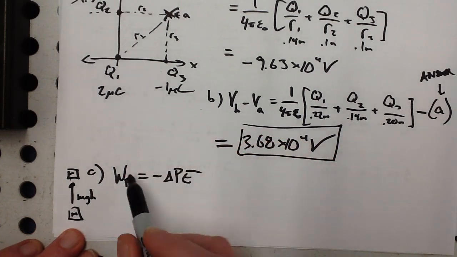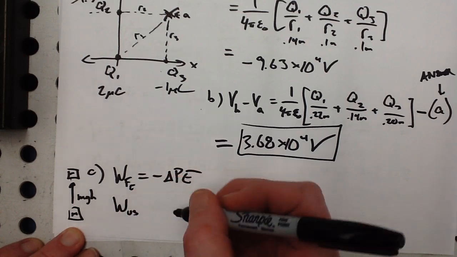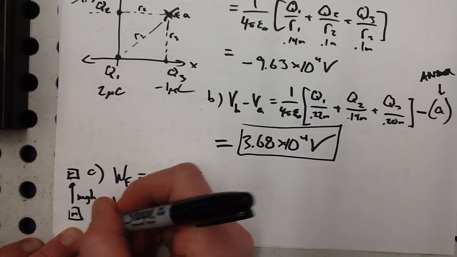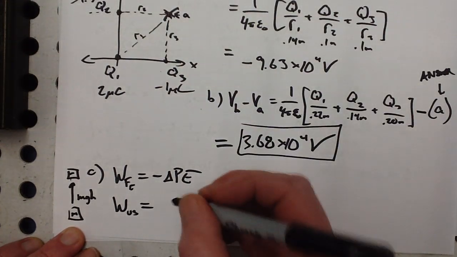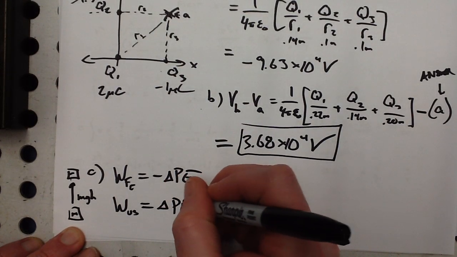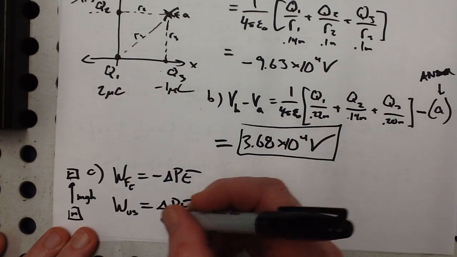Now, we're not talking about the work done by the electric force, though. We want to know how much work is done by us, or whatever force is going to get it from here to here. How much work would be done by us, and that's just the positive change in potential energy. So let's see, how do we get that?